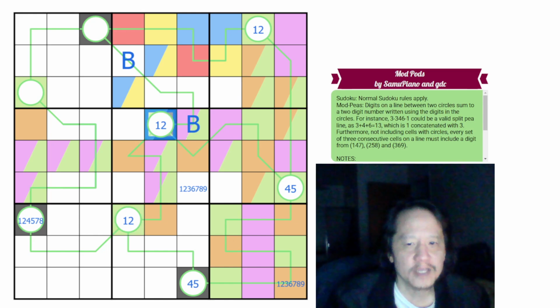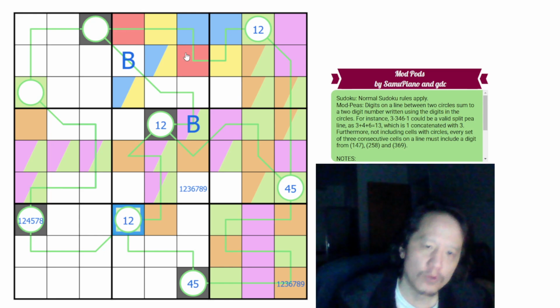So therefore this cannot be green. This has to be dark, which means dark is pink. Because dark and green add up to 0 mod 3, which means orange has to be the 0 mod 3.